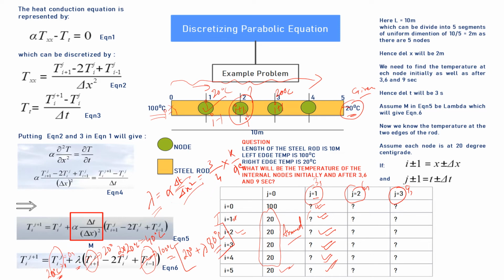Then we try to find out the error with the help of this formula: T previous minus T new or present, divided by T previous. So this gives the error of the iterations. And we try to minimize the error, try to reduce the error in each iteration, right?